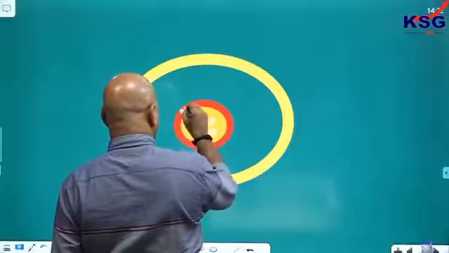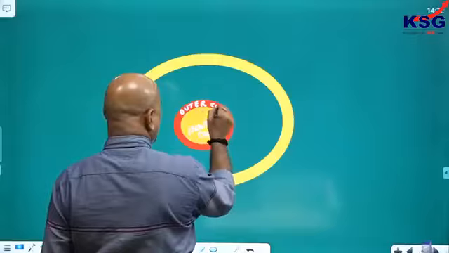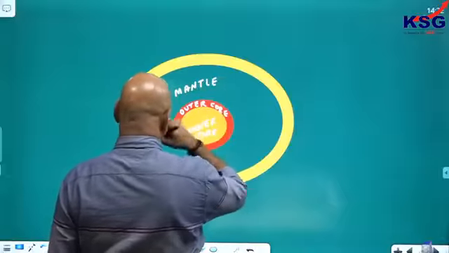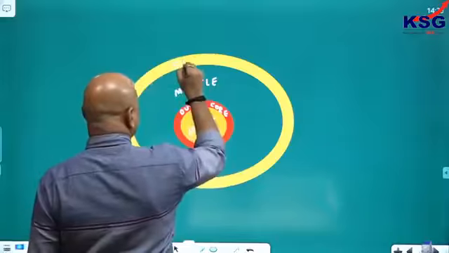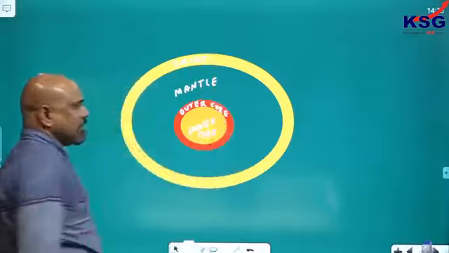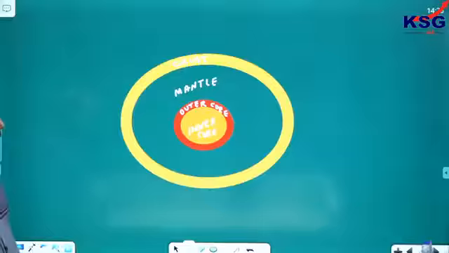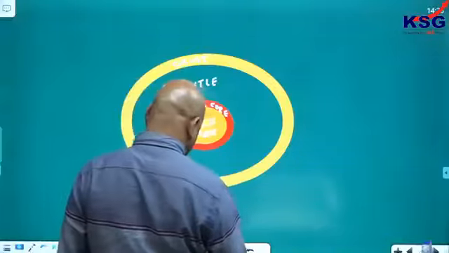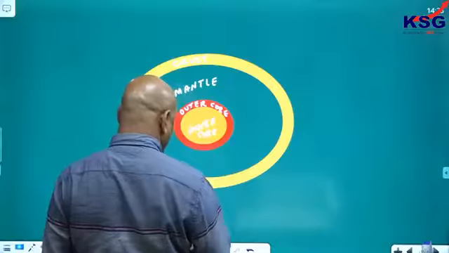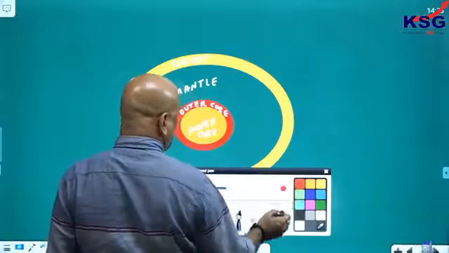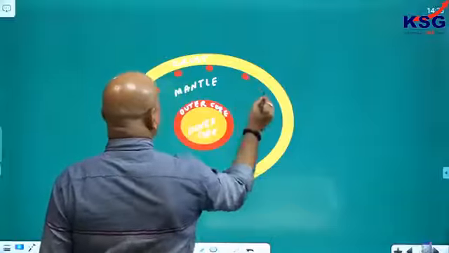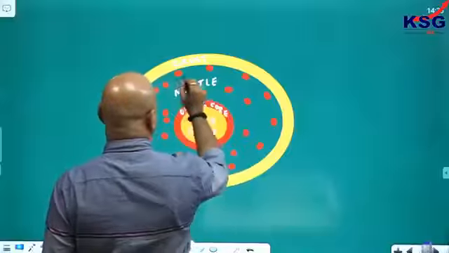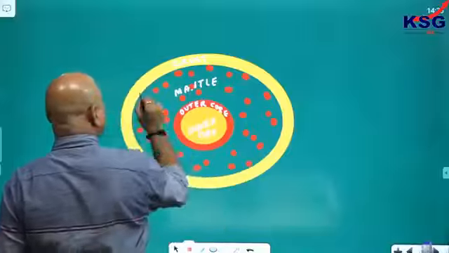Here it is the outer core, and here it is the mantle, and here it is the crust. These are like this: crust, mantle, outer core, inner core. Now think about certain thing, in which you imagine a case where you have the entire materials found here in these regions.